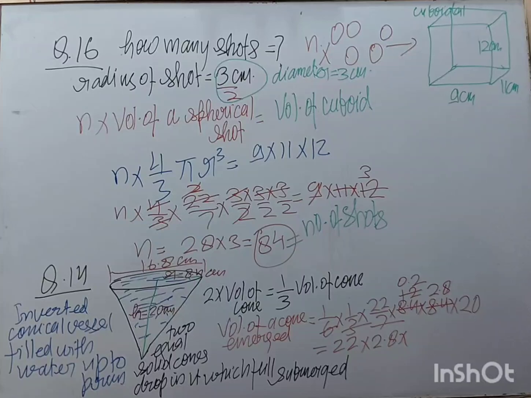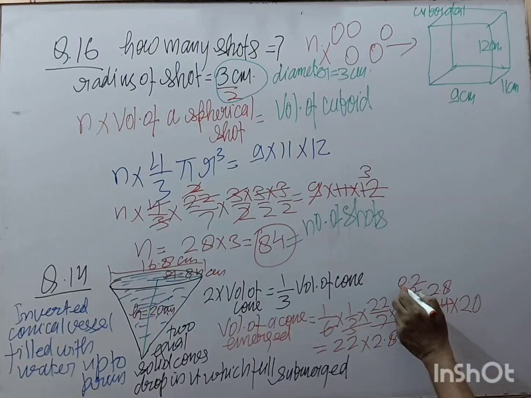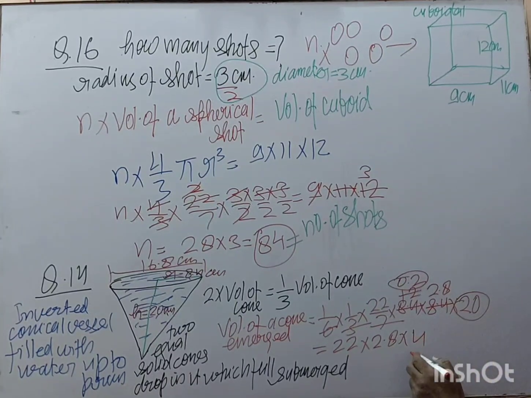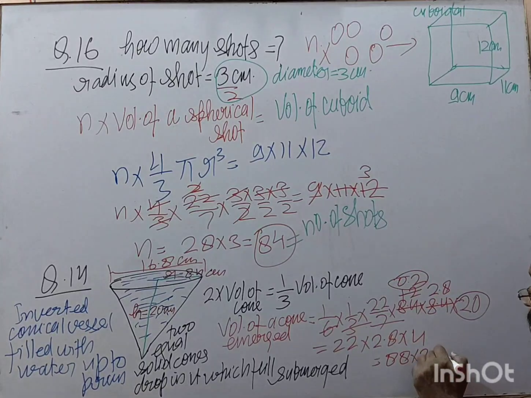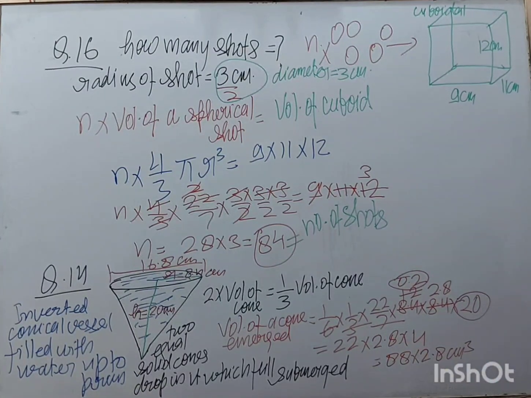4. This is 4. This is multiplied, you get 4. Now again it is 88 into 2.8 centimeter cube.